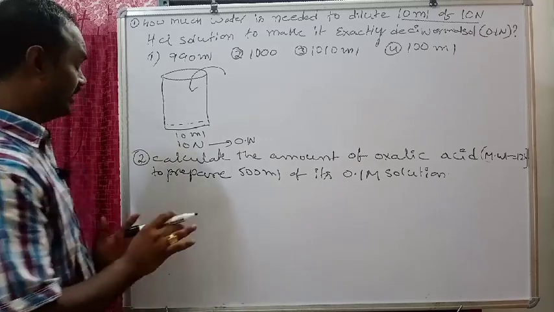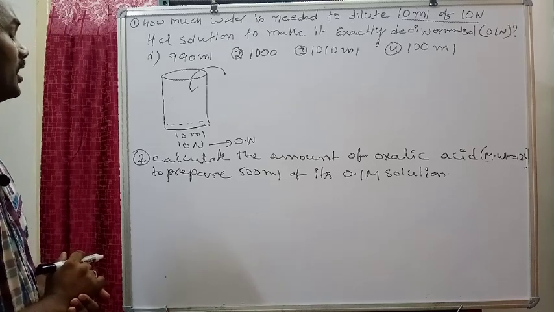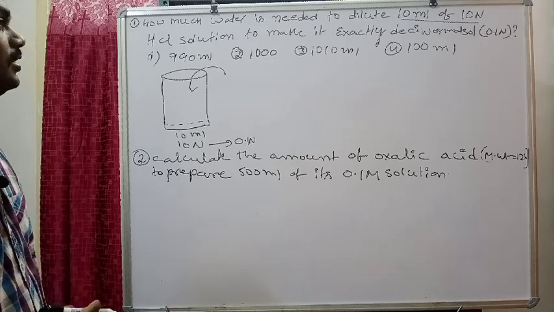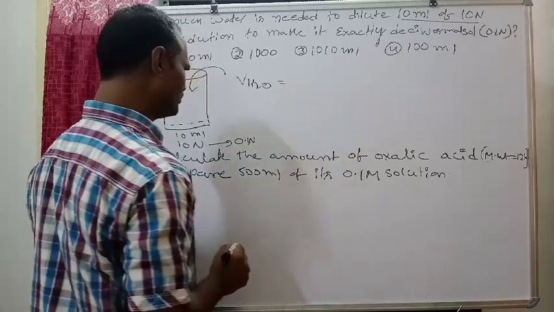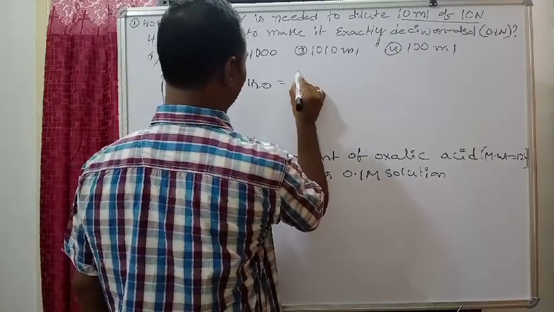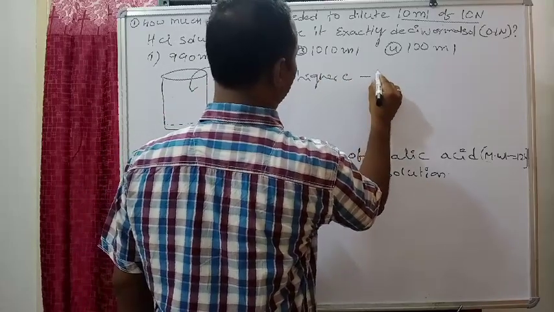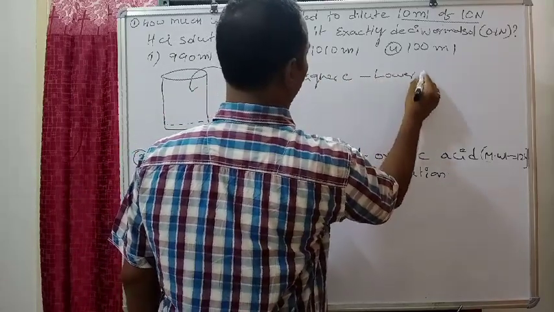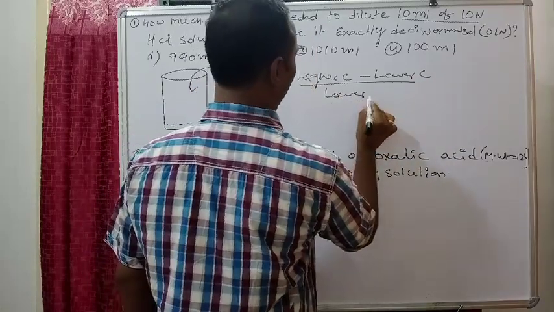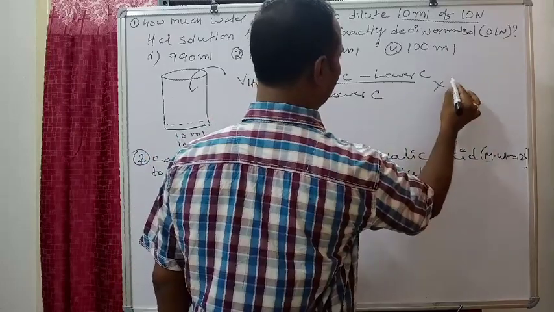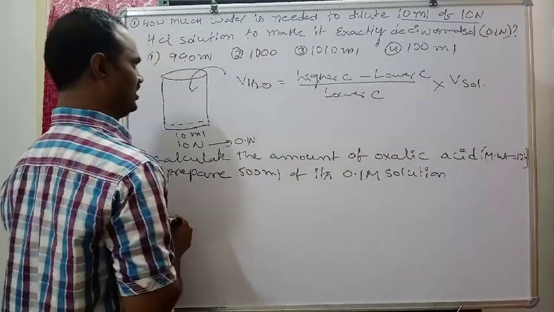Simple, sir. In dilution cases, to calculate the final normality, the formula is V of H2O is equal to higher concentration minus lower concentration by lower concentration into the volume of solution given initially.